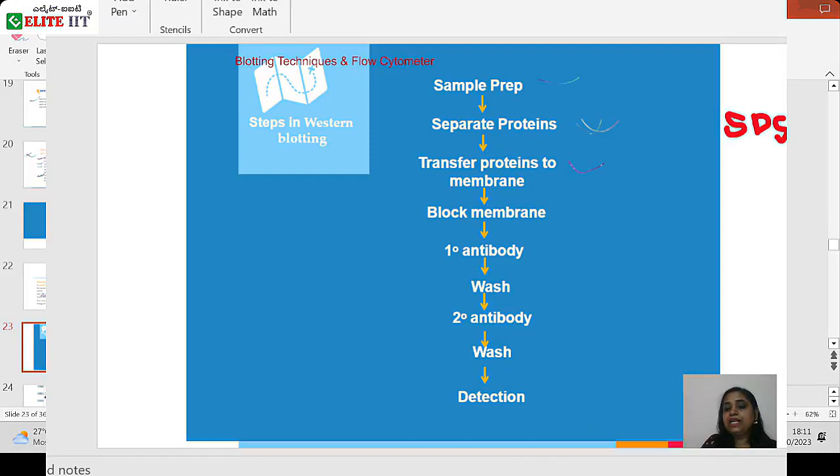That is polyacrylamide gel electrophoresis, the PAGE in SDS-PAGE. Why? Because the porosity of agarose gel is higher than that of polyacrylamide gel. DNA and RNA are generally thread-like structures and the size of the DNA and RNA will be bigger, so separation through agarose gel will be better; they can move faster through it.